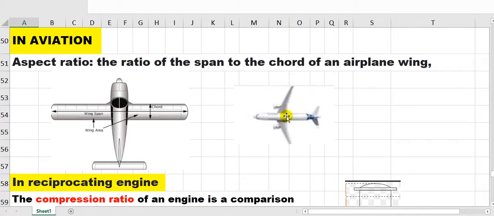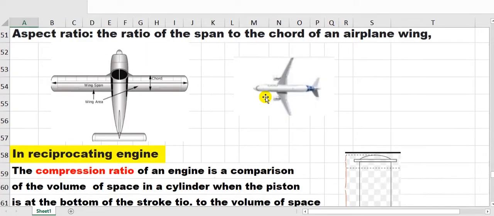So how to divide the span by the chord? Here, we can go to the mean aerodynamic chord, the mean, the average for each wing. Okay, so we know the span and the chord or mean aerodynamic chord.